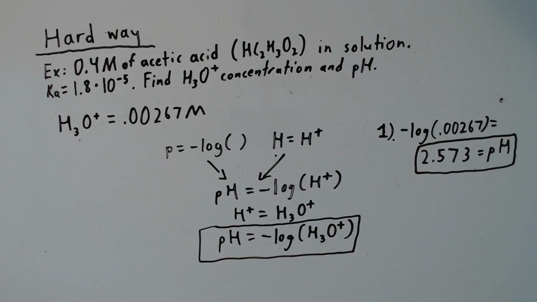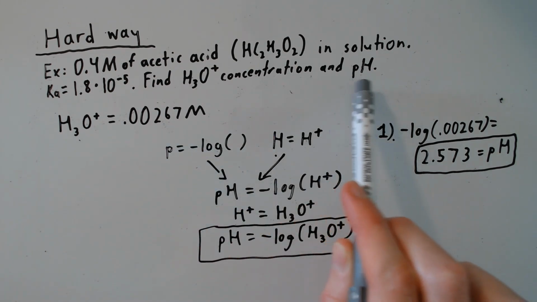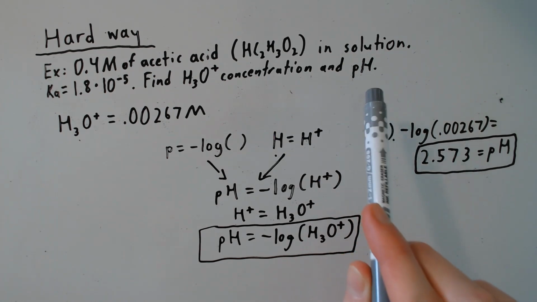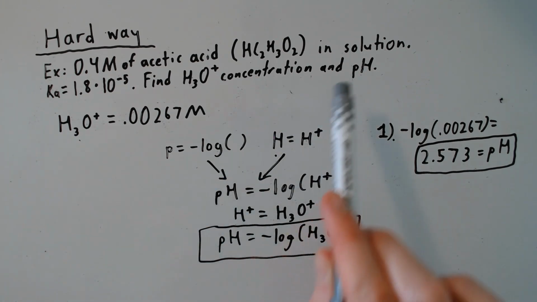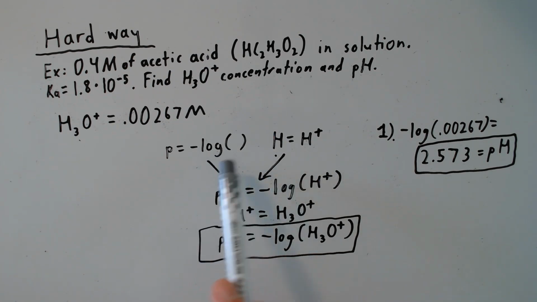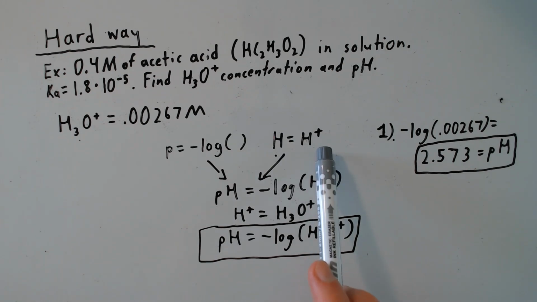Okay? Now that we know the concentration of H3O+, we can find the pH in this problem. In order to find the pH, we'll use the formula negative log of the H3O+ concentration. You can memorize this formula by knowing that the P in pH stands for negative log of something, and the H obviously stands for the H+ concentration.